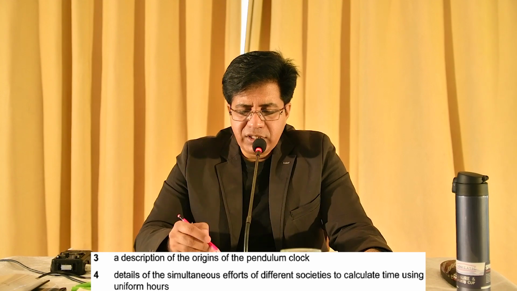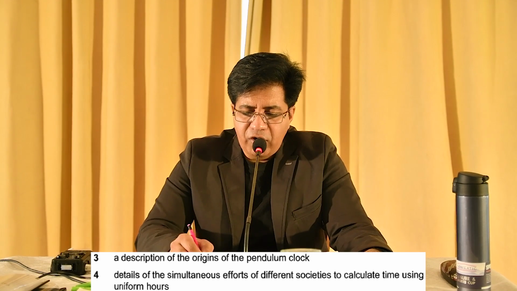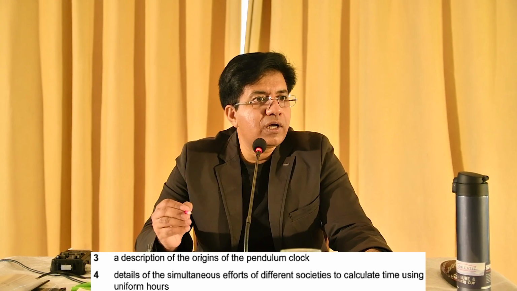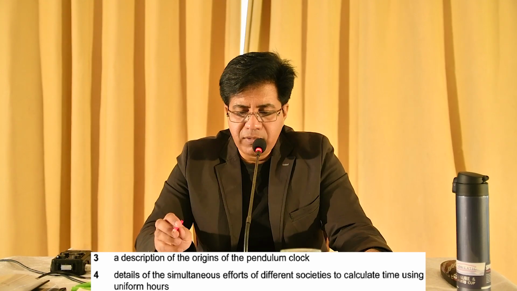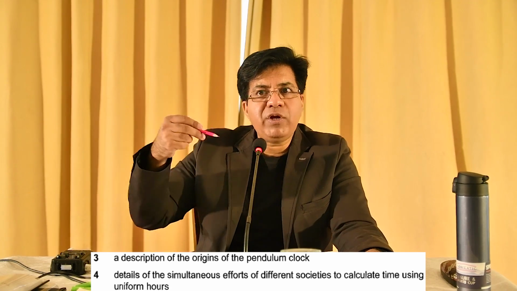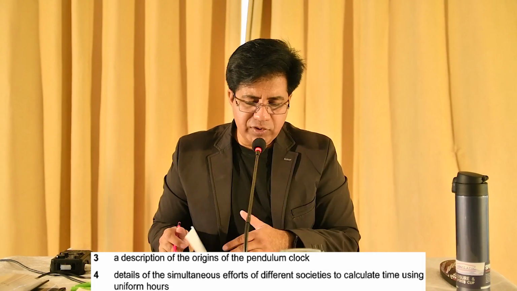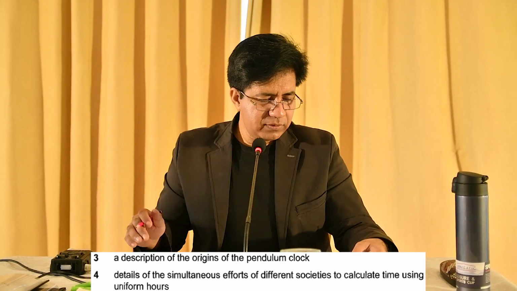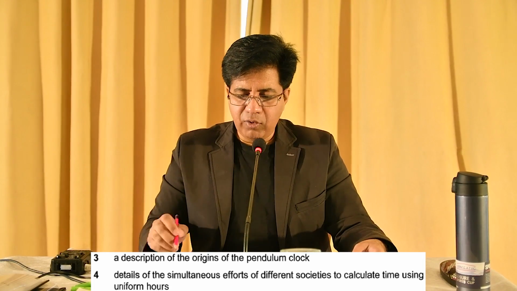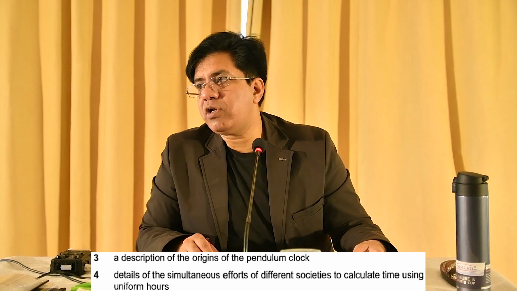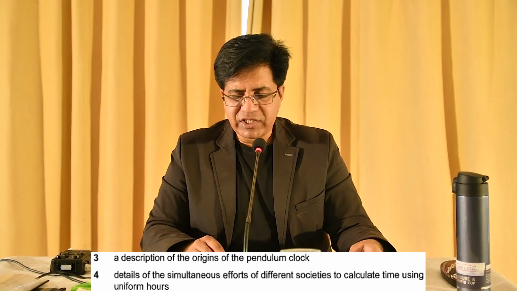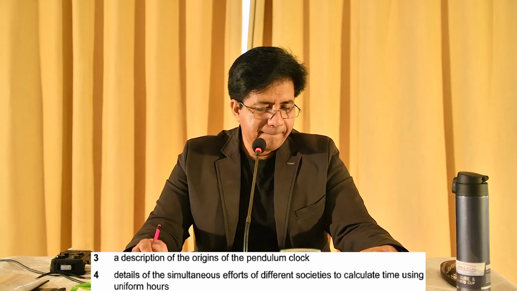Question number 3. A description of the origins of pendulum clock. Now the clue word is pendulum clock, and description of the origins, like how did they actually come up with the pendulum clock. You might find the word pendulum clock, but then you have to see description of the origins.